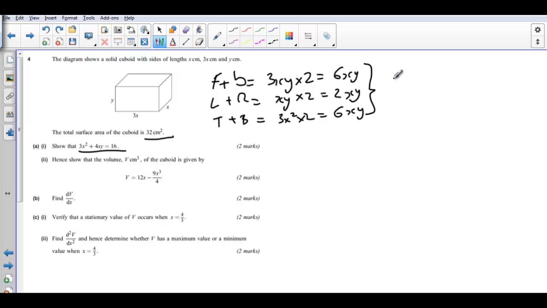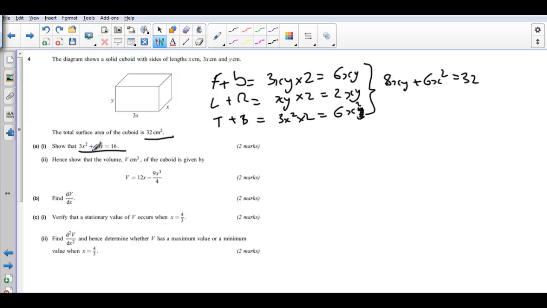Okay, putting this all together, what have we got? We've got 8xy plus 6x squared. And don't forget, we're told that's equal to 32. That's the other side of the equation.